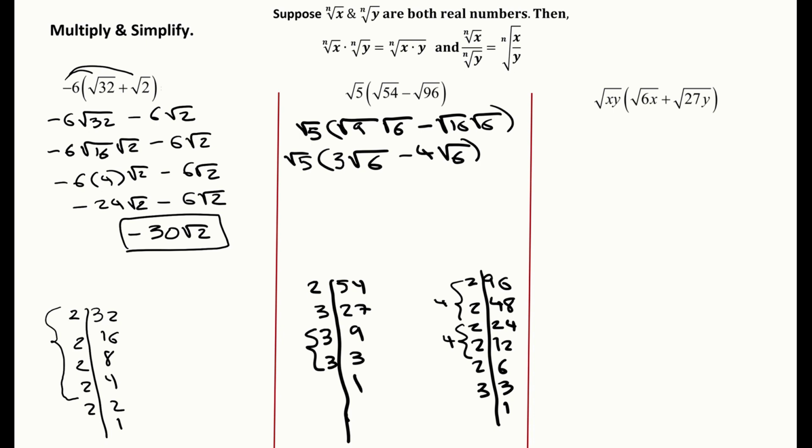So we could distribute the square root of 5 here, but that would be unnecessary because if you notice, these two are like terms, so we can go ahead and subtract them. So we get square root of 5 times -1 radical 6. And when we go ahead and multiply those, we get negative square root of 5 times 6, which is 30. And that's all we can do there.